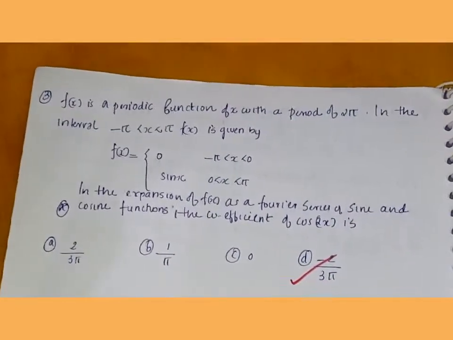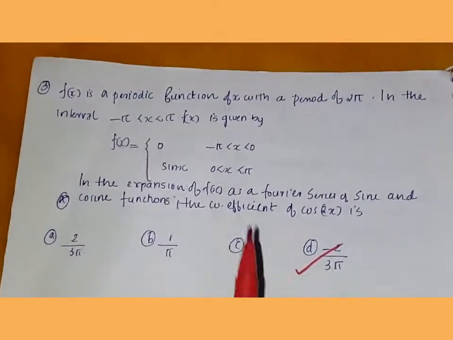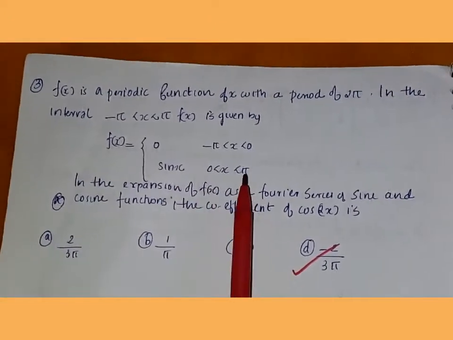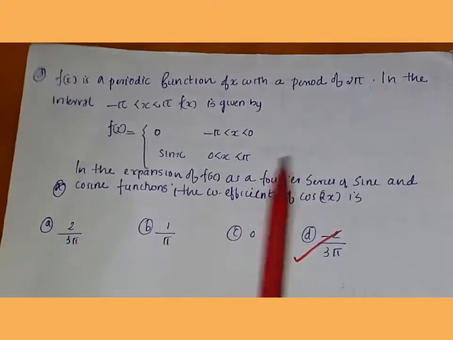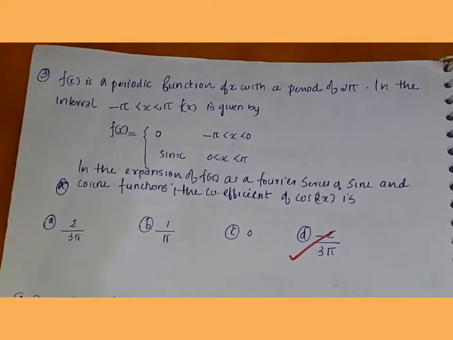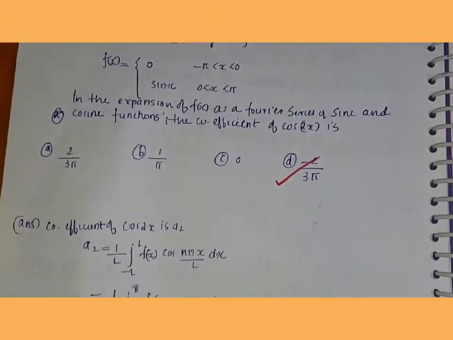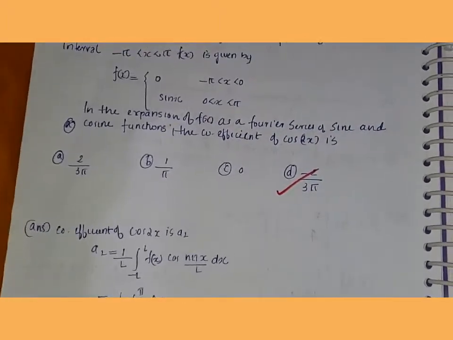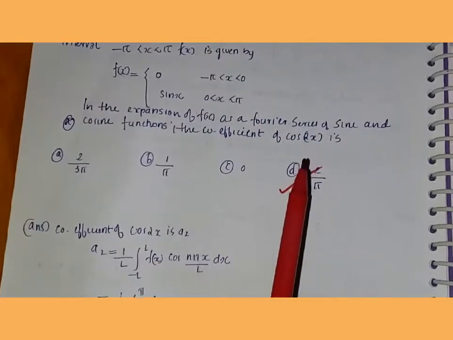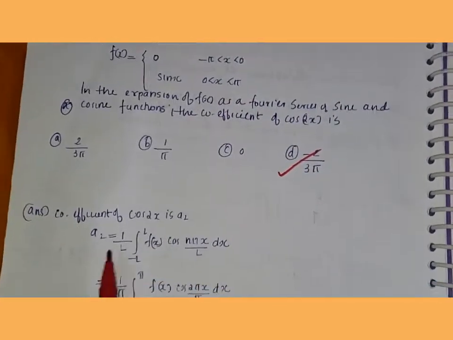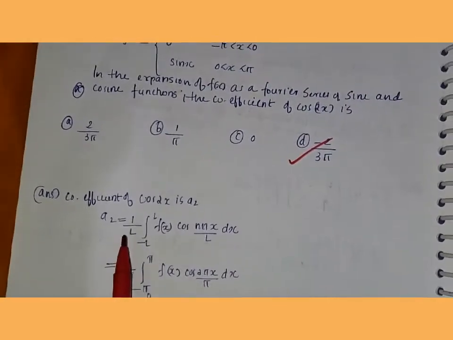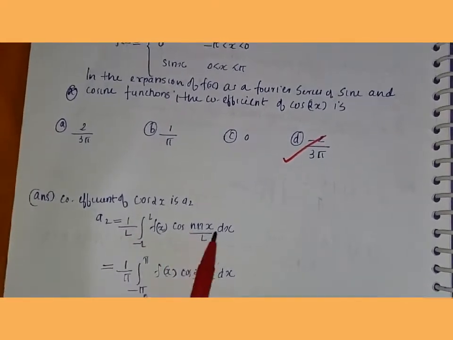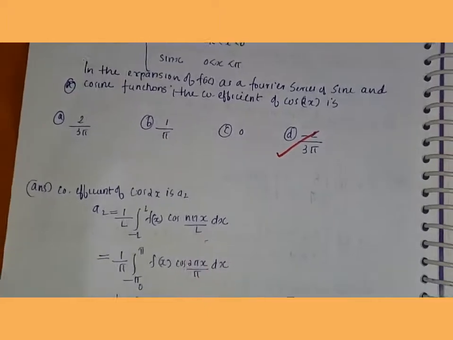In this third problem, they are given a function which is 0 from minus pi to 0 and sin x from 0 to pi. Here in this function, we have to find a Fourier series. So we know that in the Fourier series, we have to find the coefficient of cos 2x, which means we have to find a2. a2 is equal to 1 by L integral from minus L to L of f of x cos n pi x divided by L dx.